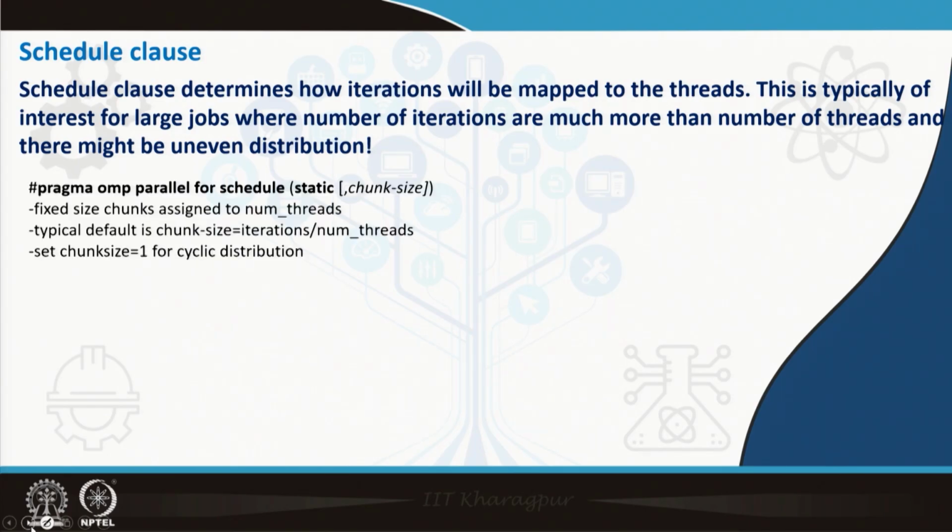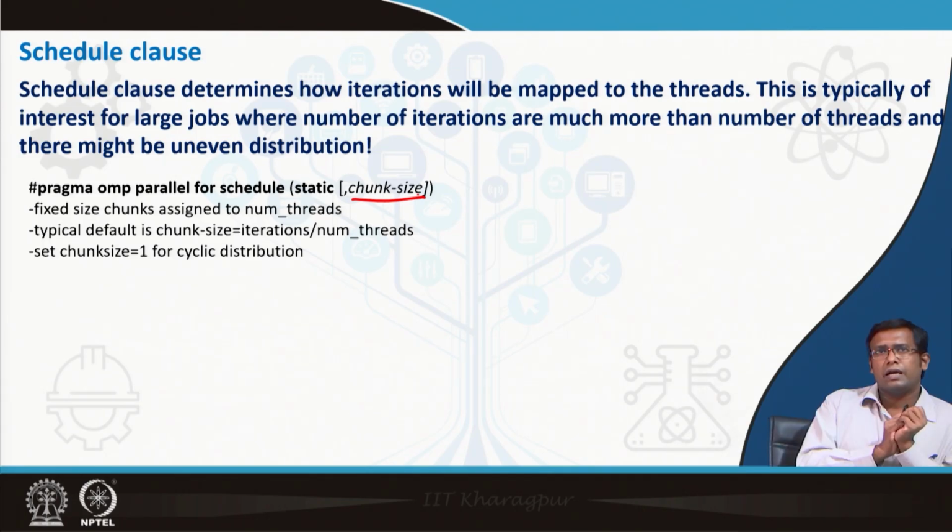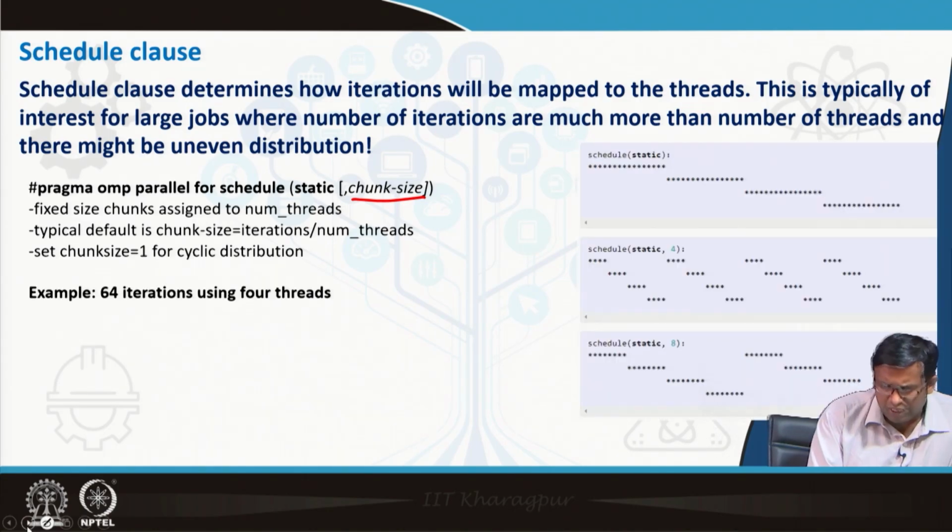Pragma OMP parallel for schedule static is one way of using that, followed by the chunk size. Once this is a static schedule, there are fixed chunks of iterations assigned to all the threads, and by default, if you do not specify anything, the total number of iterations divided by the total number of threads will be the chunk size. We can see some examples.